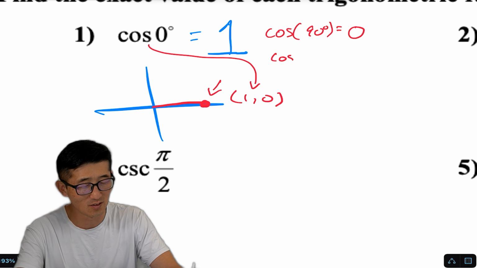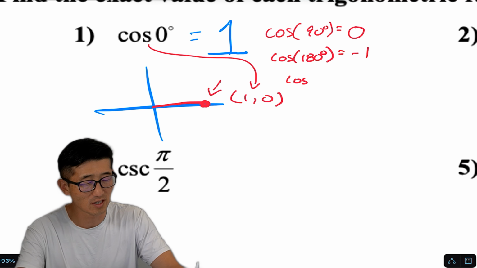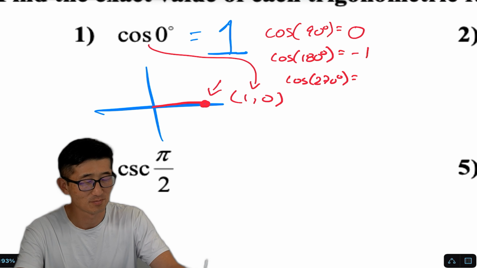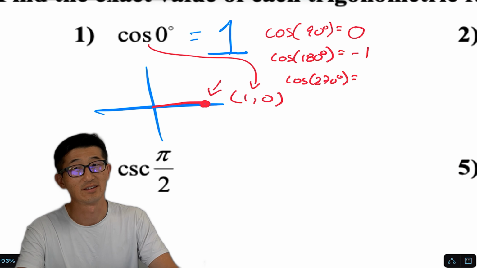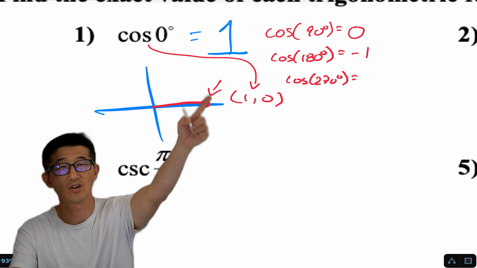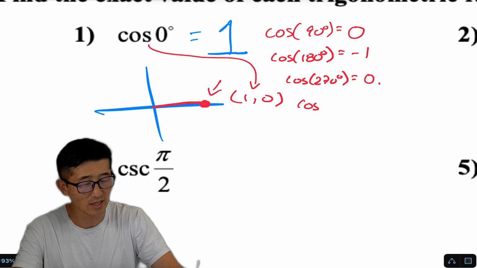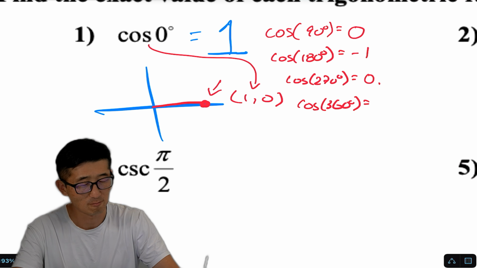What's cosine of 180? -1. What's cosine of 270 degrees? 270 is right here, going all the way around. It's 0. Okay, what's cosine of 360 degrees? 1.